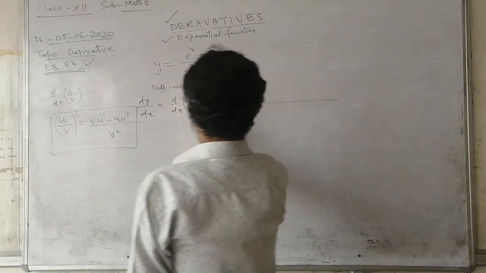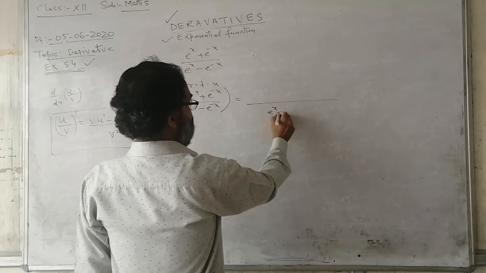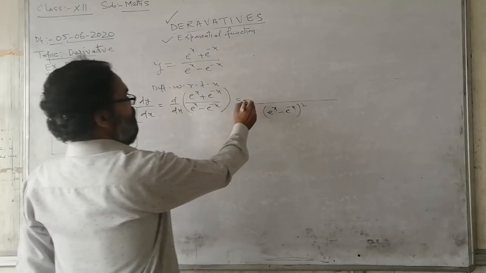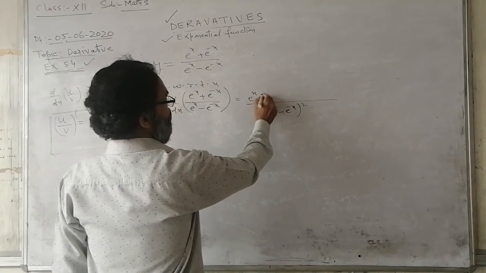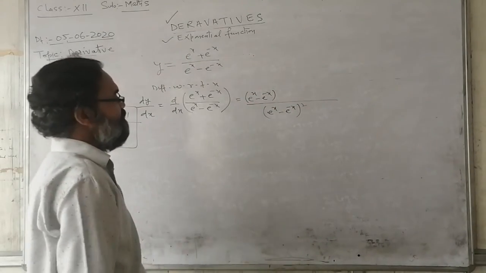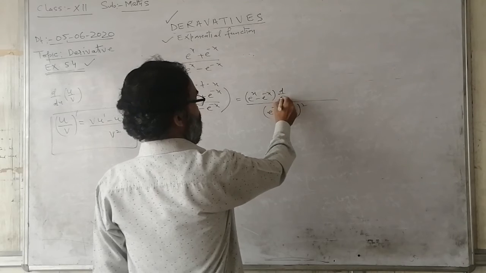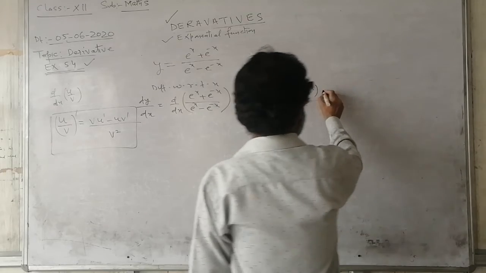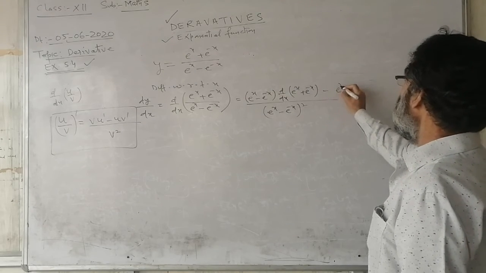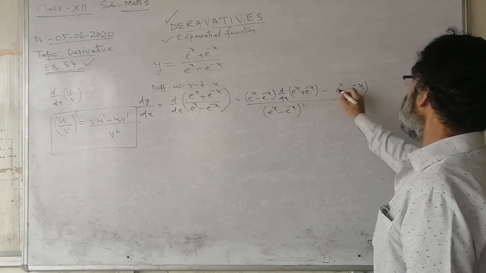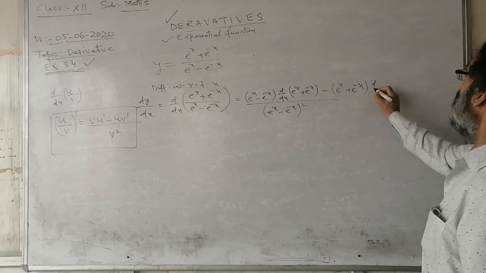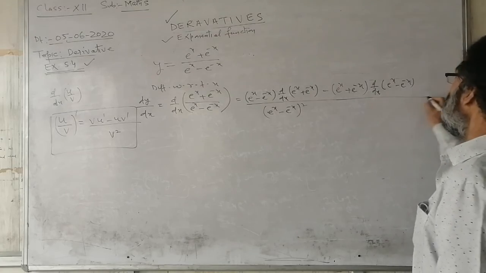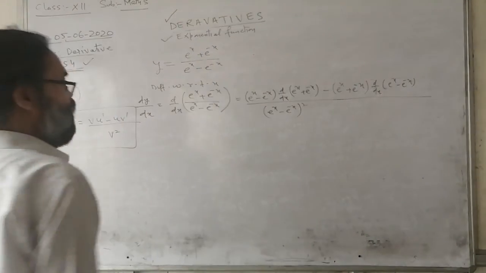So this will equal its denominator (e^x + e^-x) whole square, then e^x + e^-x as it is, and the derivative of the numerator, minus times (e^x - e^-x) into the derivative of this. I have applied the quotient formula.